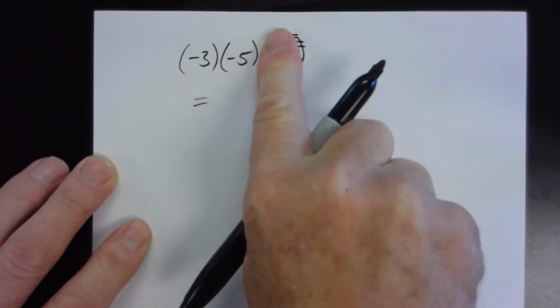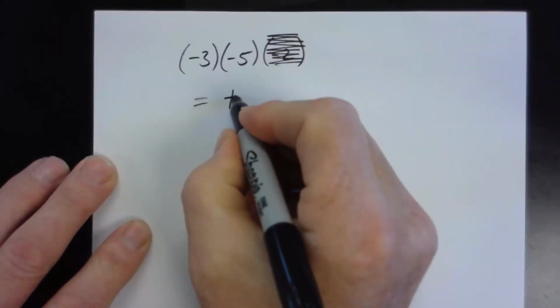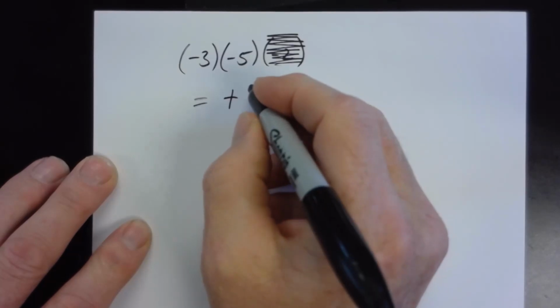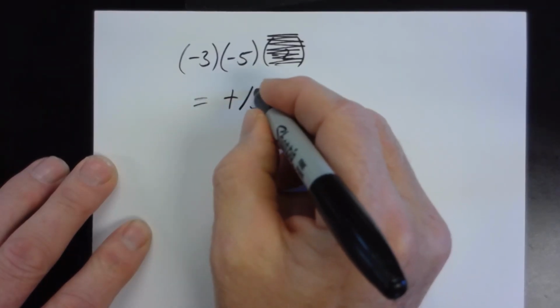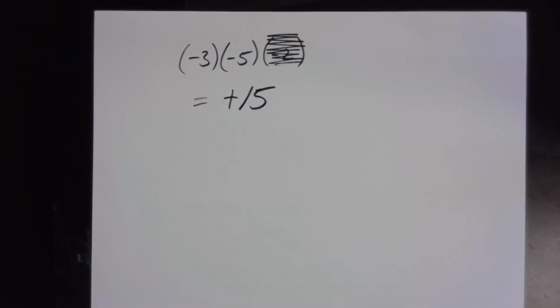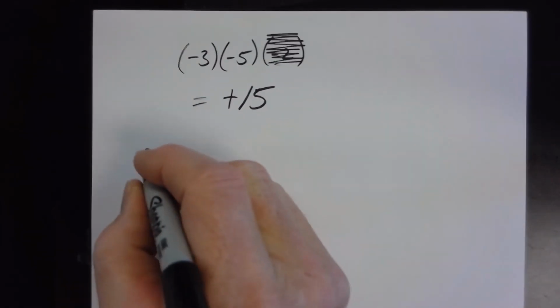Okay. Anyway, what is this now? Positive. That is right. Positive 15, right? Okay. So everything you do today with multiplying, it's just going to be 2 numbers. So there's either going to be 1 negative or 2 negatives or no negatives. That's it. Okay. So let's all look at set 9.